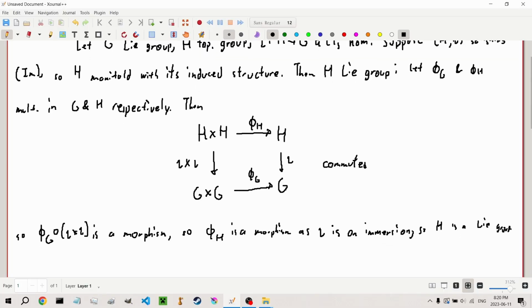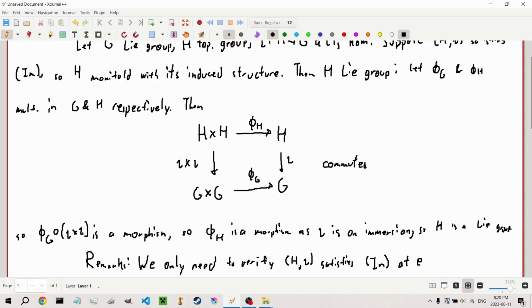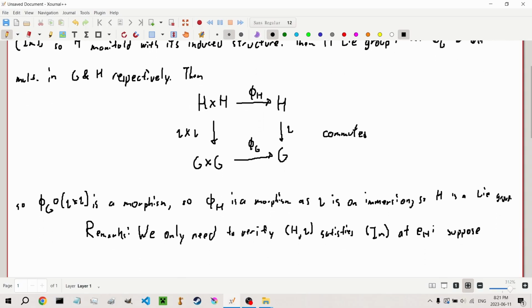And we note some remarks here. We only need to verify that our pair H with iota satisfies our conditions at the identity in H. Suppose it does, and suppose we have an element h in H, and an element g, being the image of h under our immersion.